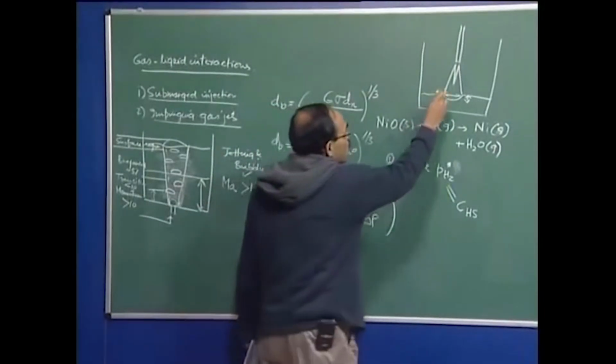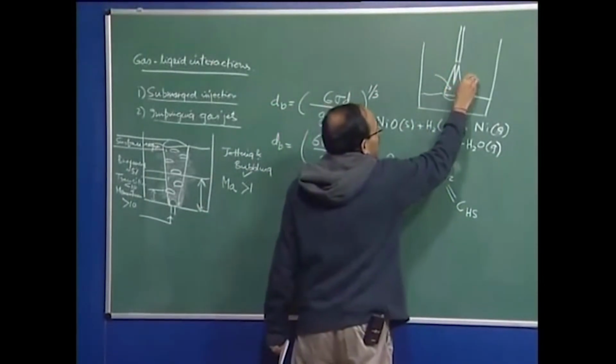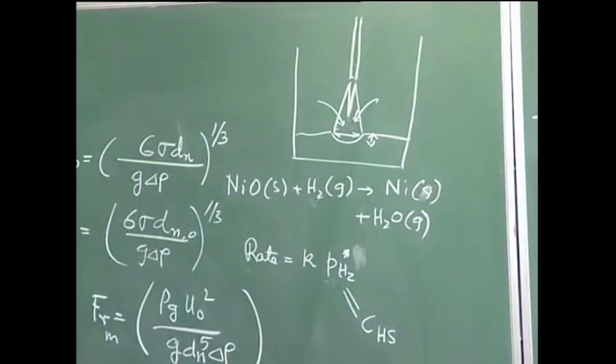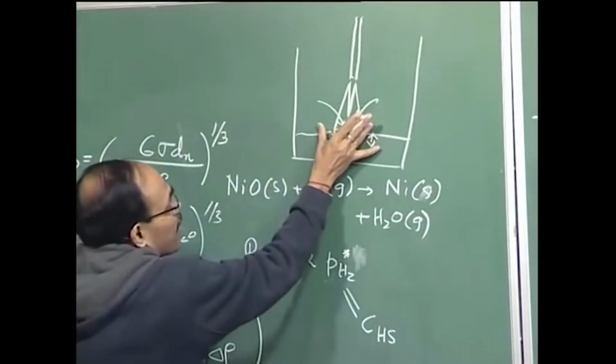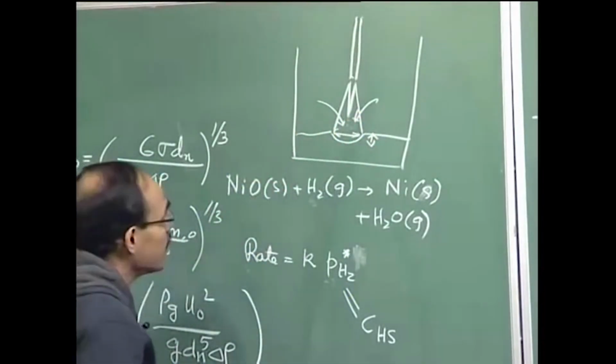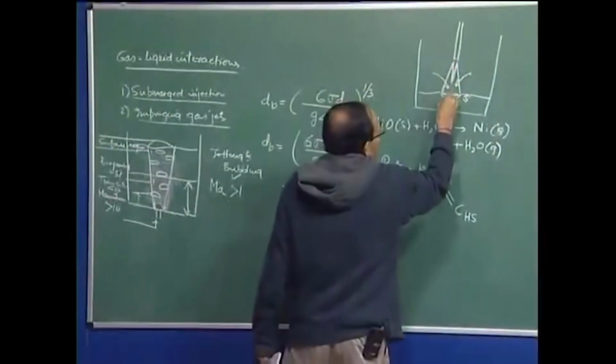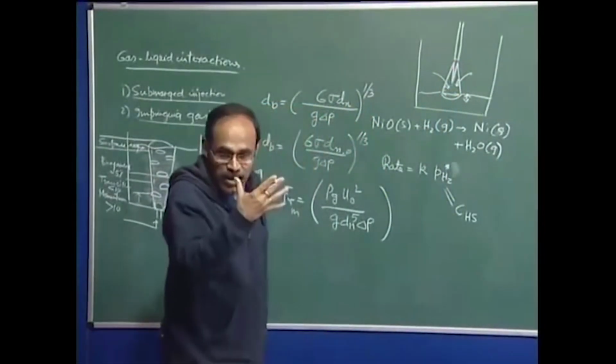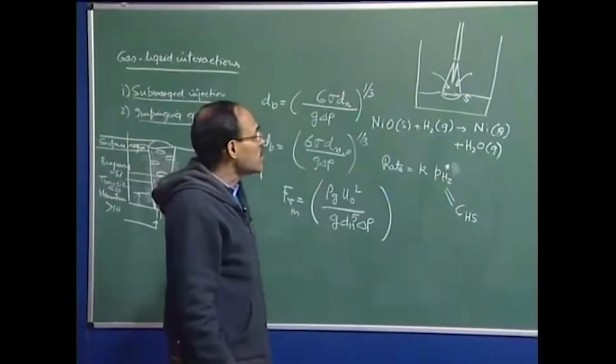But beyond the supersonic core, you have large scale entrainment, as a result of which the jet diameter increases, its momentum gets distributed, and by the time it strikes the molten metal surface, its kinetic energy has died down significantly.